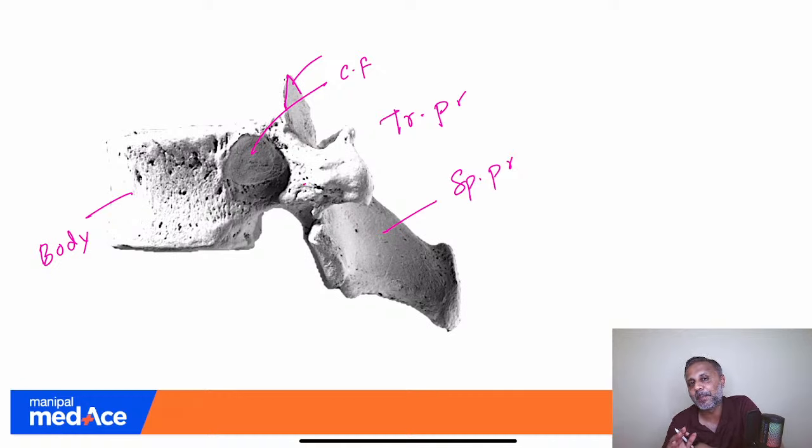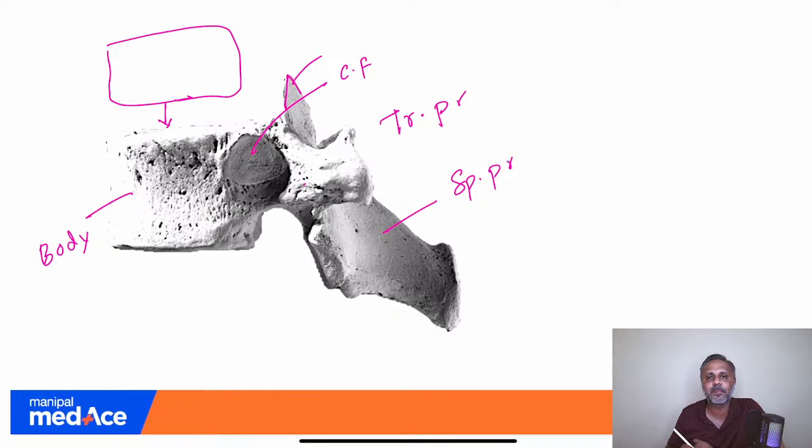What are the joints formed by a typical thoracic vertebra? Remember, a typical thoracic vertebra will articulate with one more vertebra above, and this joint is a symphysis or secondary cartilaginous joint. The intervertebral discs which connect two vertebral bodies are an example of the symphysis or secondary cartilaginous joint.